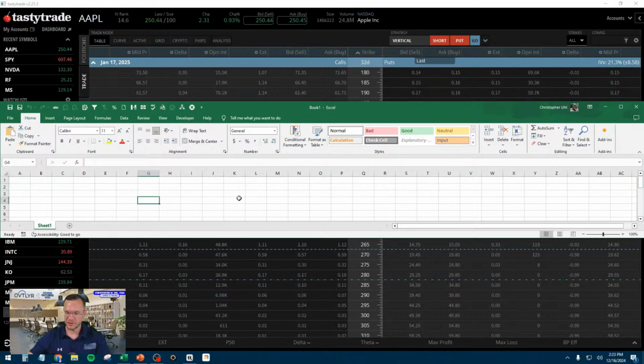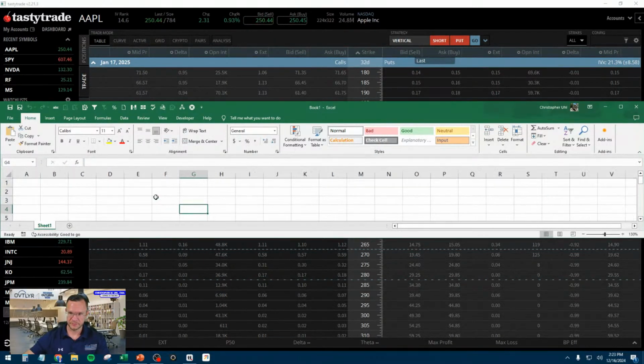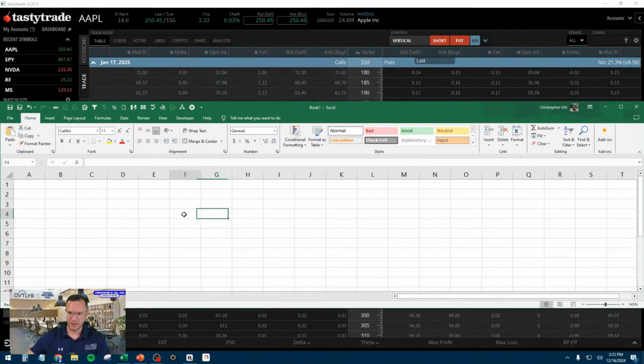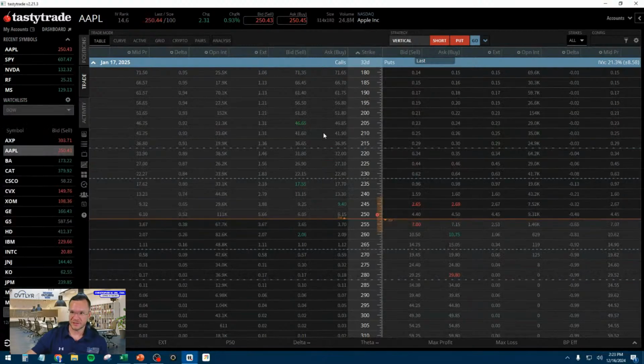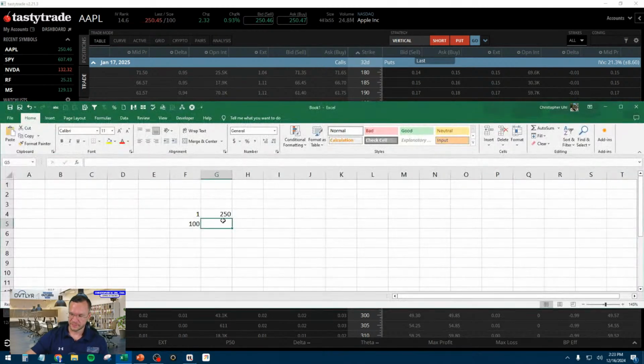All right, so let's do some math on here. If I want to buy one share, that'd be $250. All right, but with the deep in the money option, I can get 100 shares, and that'll cost me how much? Let's see. If I go with like 80 deltas, generally where I go, it costs me $17.70 per share.